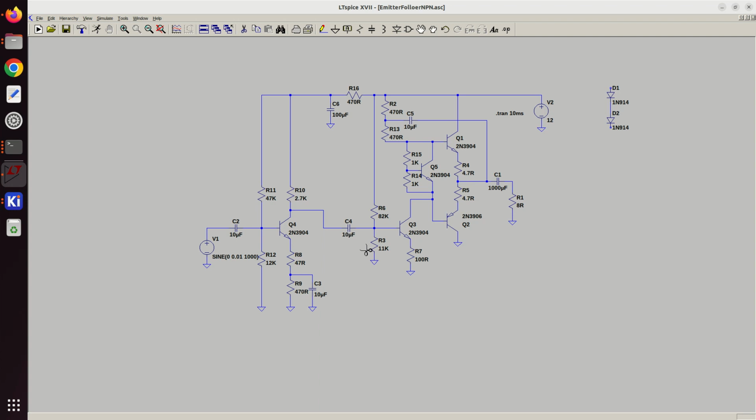So you don't. I mean, the key for this is you need enough current flowing through this to feed the two amplifiers here, or the two output transistors. So this needs to be reasonably low impedance.